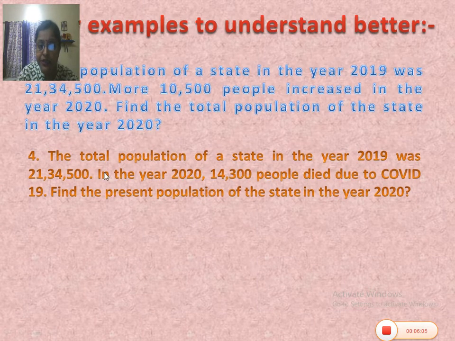The next question reads, the total population of a state in the year 2019 was 21,34,500. In the year 2020, 14,300 people died due to COVID-19. Now we have to find the present population of the state in the year 2020.